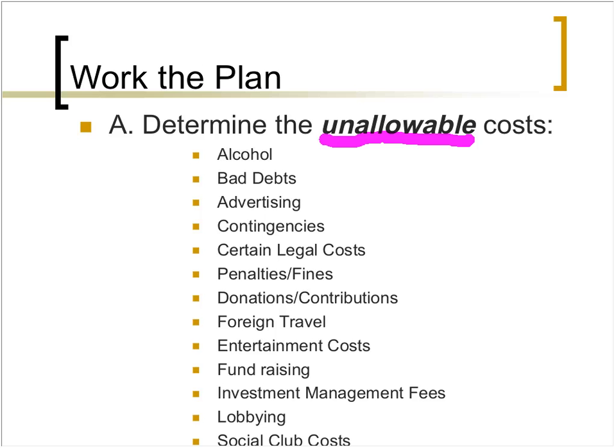This is, once again, not an exclusive list, but some of the unallowable costs are alcohol, bad debts, certain types of advertising expenses, almost all types of contingencies, certain legal costs, penalties, fines, donations and contributions to other nonprofit organizations, foreign travel that has not been pre-approved, entertainment costs, fundraising costs, investment management fees, lobbying costs of any type, and social club costs that have not been pre-approved.